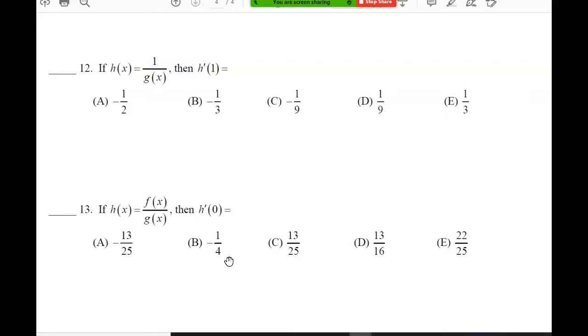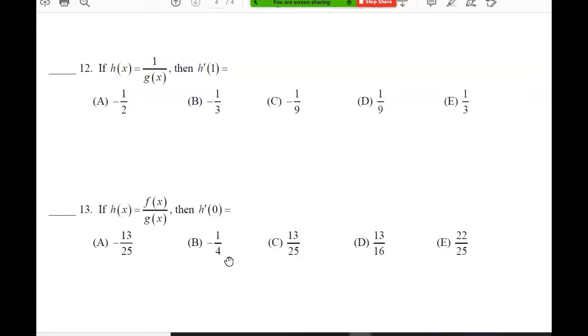Derivative of 1 is 0, minus the numerator, which is 1, times derivative of the denominator, which is g prime x, all over g of x squared. So the first term cancels out. So you're left with g prime x over g of x squared. They don't cancel because g prime isn't the same as g of x.